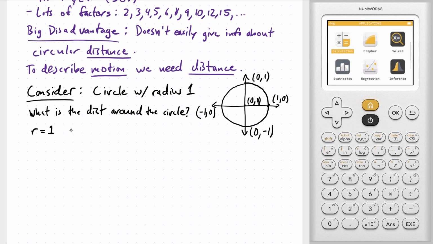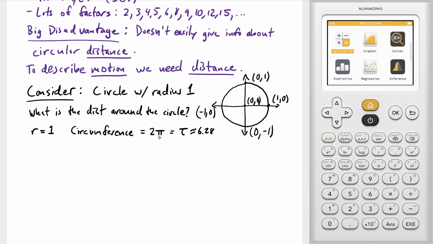Okay, well then the circumference is equal to 2 pi, because the formula for circumference is 2 pi r, and r is 1, and so the circumference is 2 pi, which, by the way, is equal to the mathematical constant tau, which is approximately equal to 6.28.